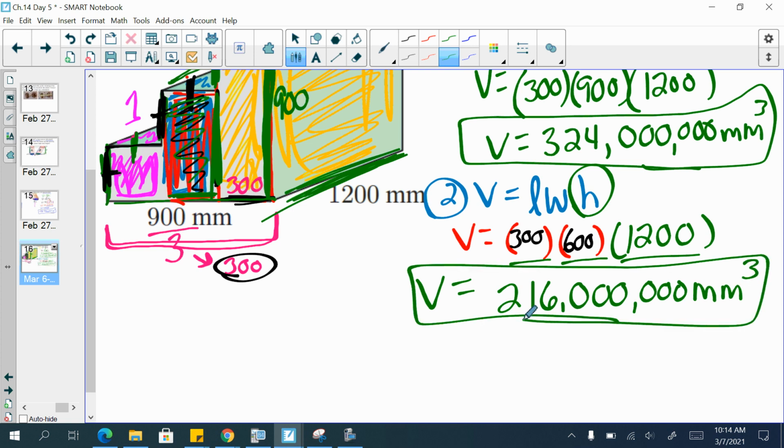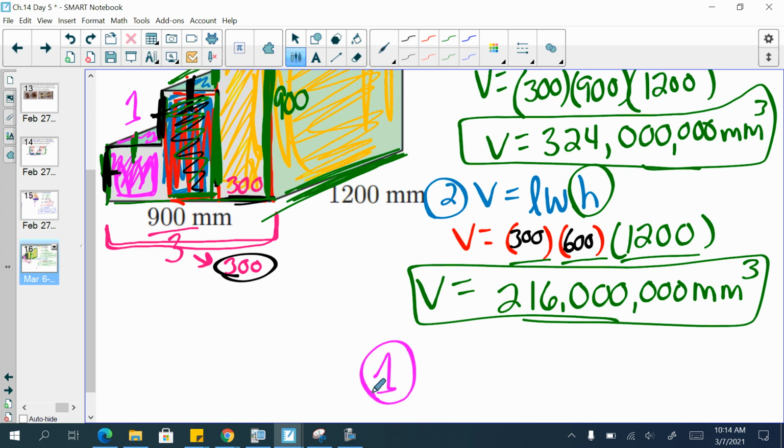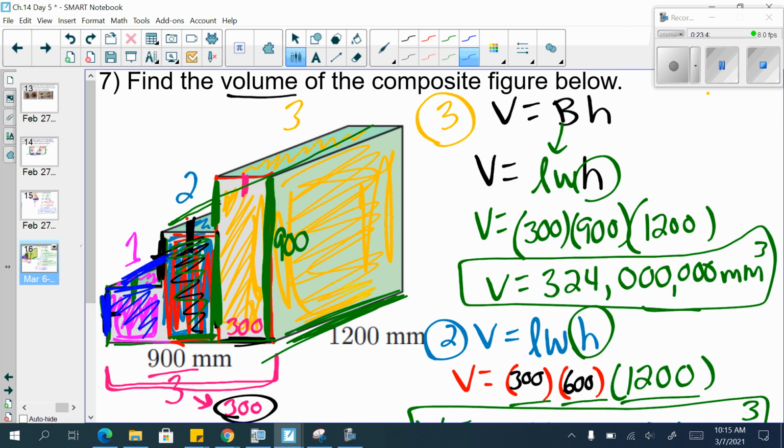Okay, and then section 1 up in the front, you see if you can do this one on your own this time. So we have area of the base again, which is length times width, and then times the height. Area of the base this time, the front of this, is just 300 by 300. And then, like I told you earlier, you have to use your imagination because you can't see this whole step, right?